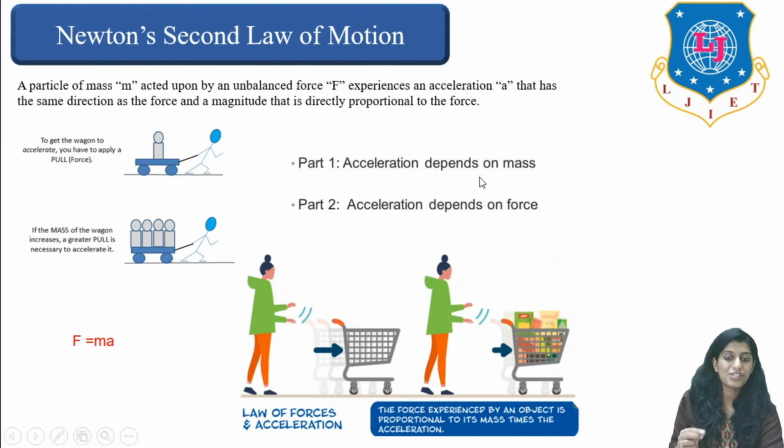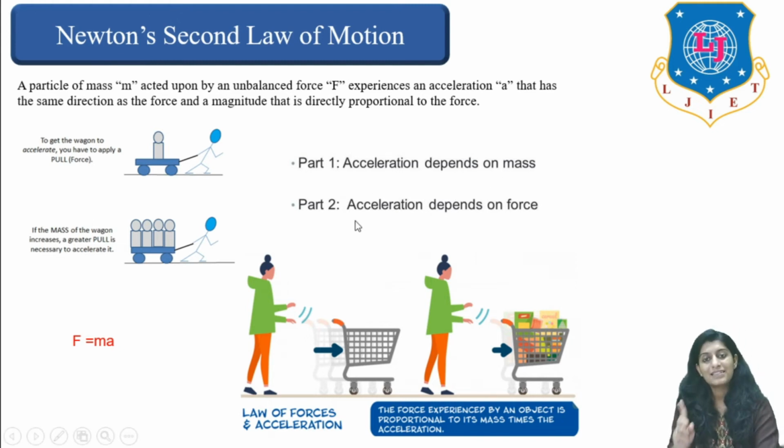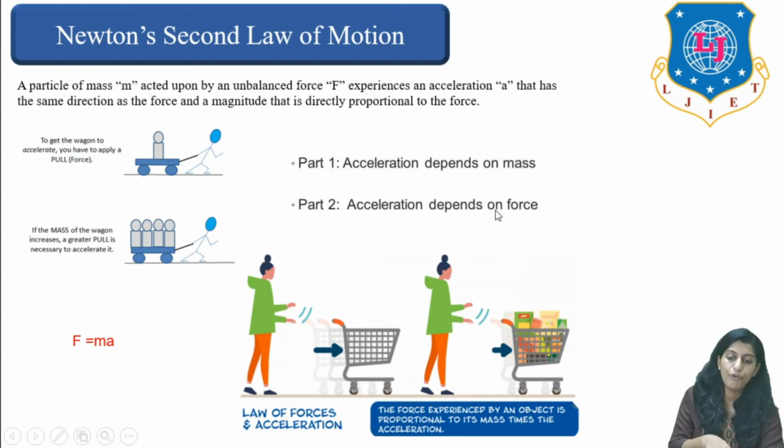So acceleration depends on mass and acceleration also depends on the force. That means according to Newton's second law of motion, force is directly proportional to mass, force is directly proportional to acceleration. Clear? So this is our Newton's second law of motion.